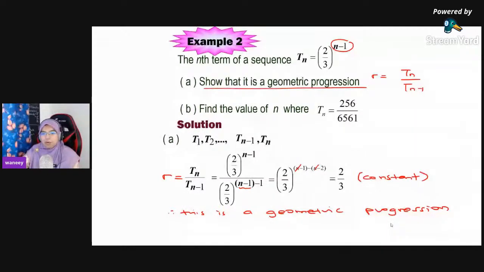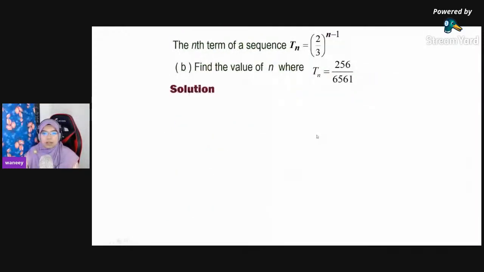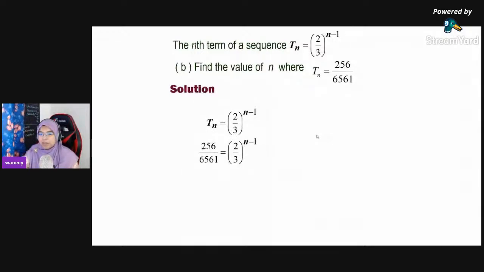Find the value of n where Tn is 256 over 6561. Tn is 2 over 3 to the power of n minus 1, so you let it equal 256 over 6561.